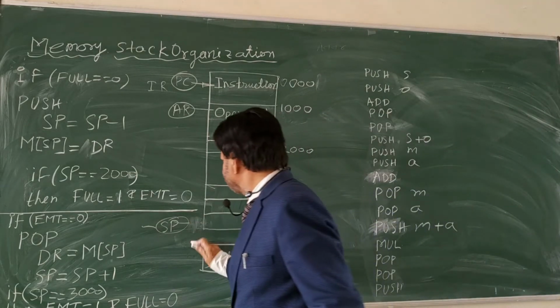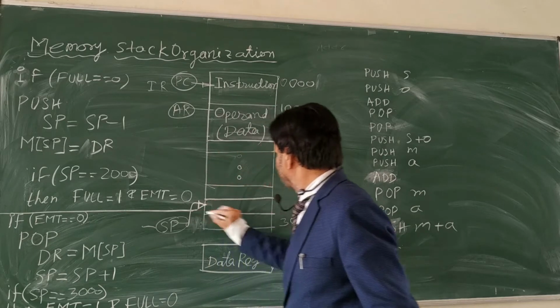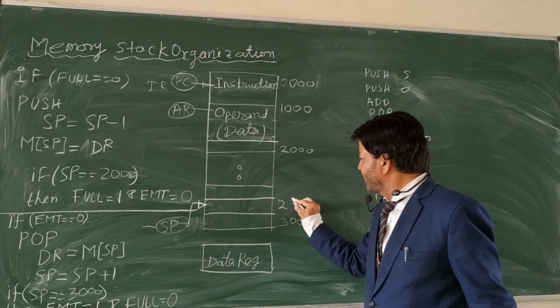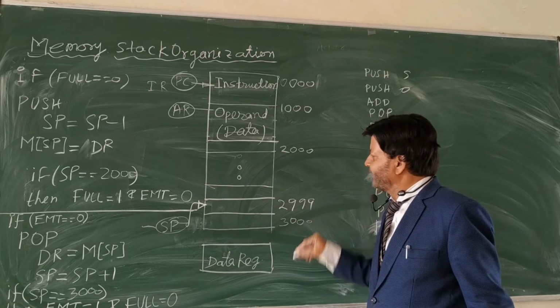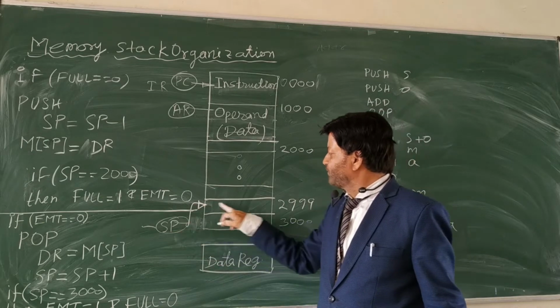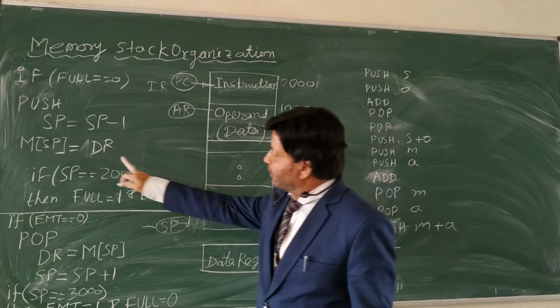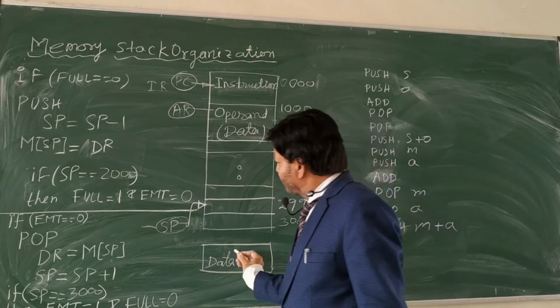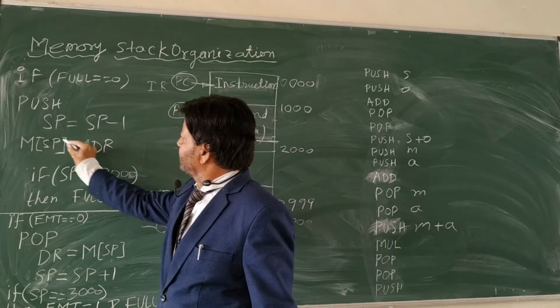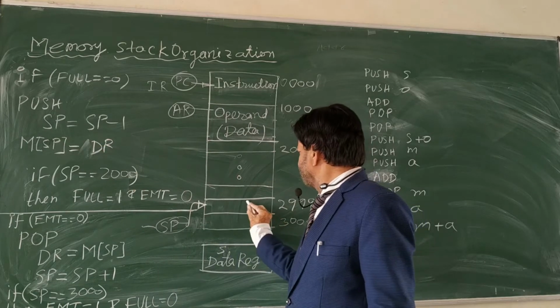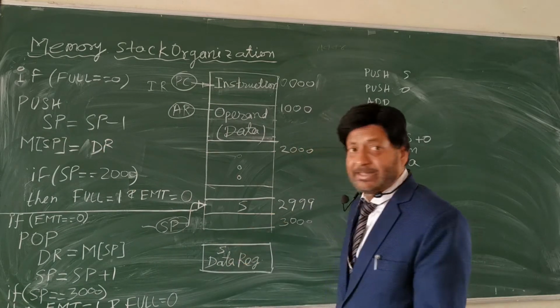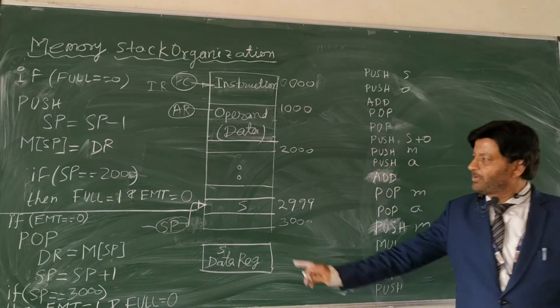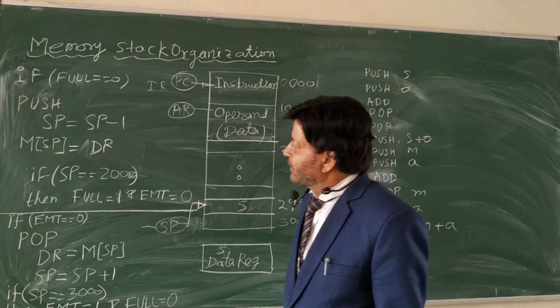So now the stack pointer is pointing to this location, 2999. Now whatever is in your data register will be copied into this memory location. This is the thing.